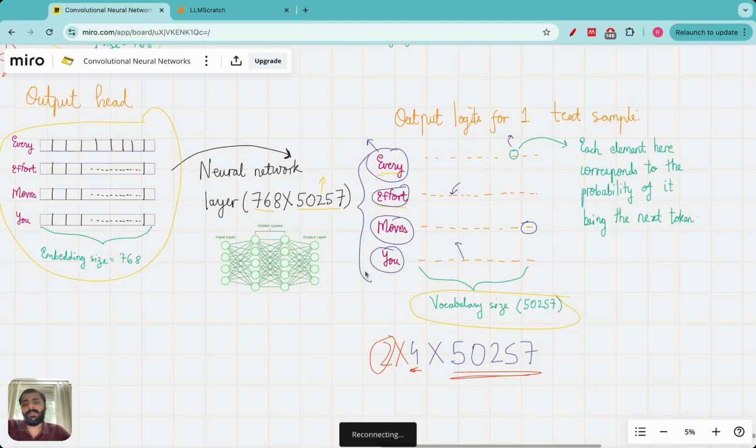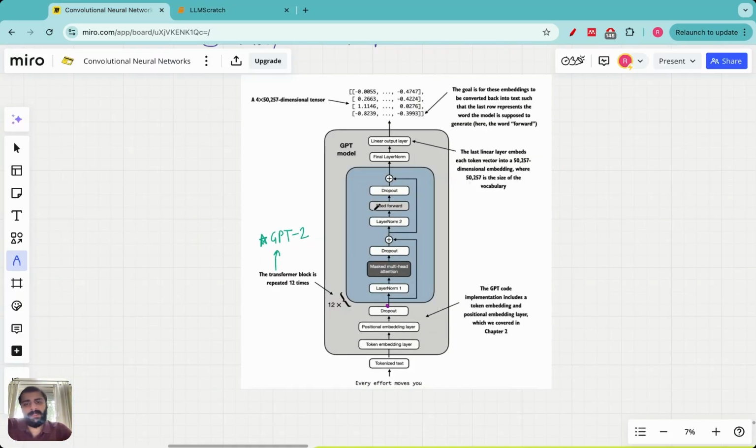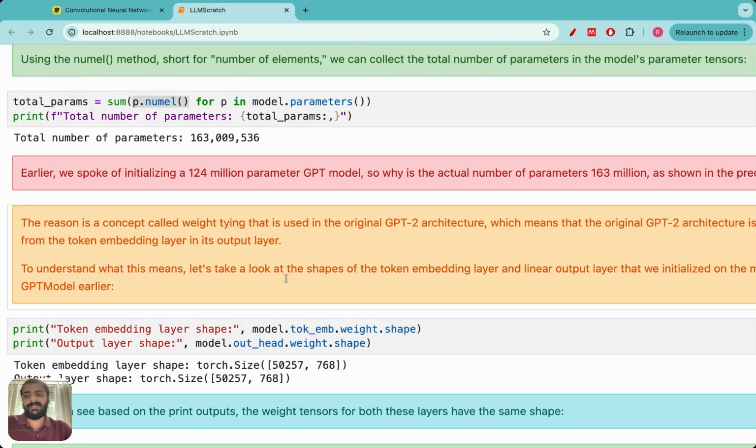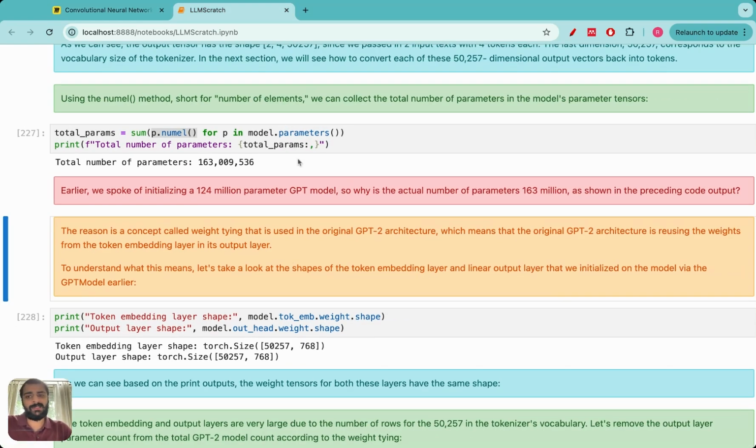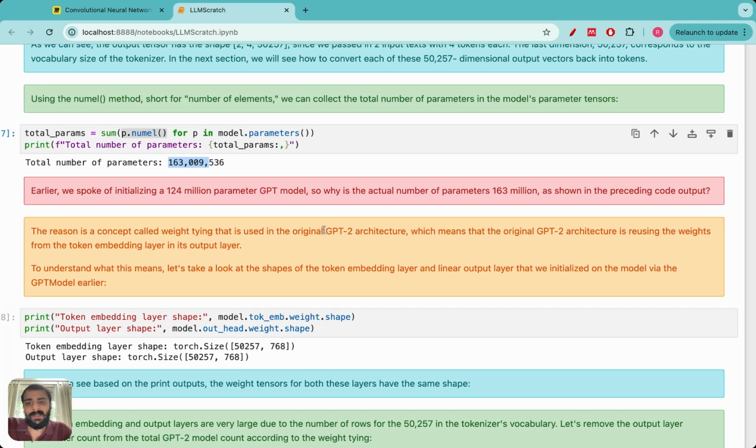If you go back to the whiteboard, in the schematic which we saw, there is an output layer towards the end, and there is a token embedding layer over here. When the GPT-2 model was constructed, the parameters used for the token embedding layer were the same parameters used in the linear output layer, and that's why the total number of parameters was less. In our case, we did not reuse the parameters. So when we print out the parameters, they say 163 million, but in the GPT-2 architecture, they are reusing the weights.